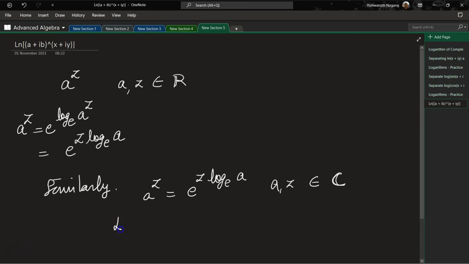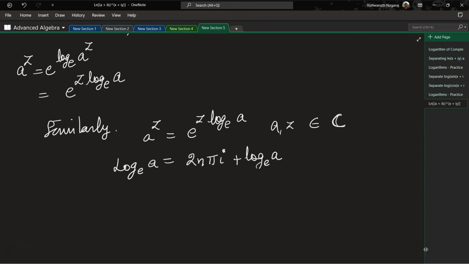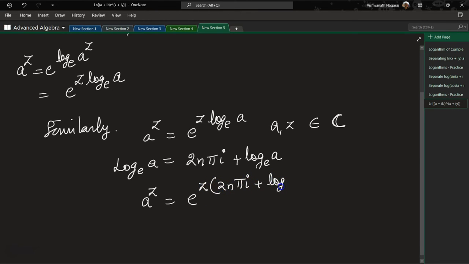Now, in general, log e of a is equal to 2n pi i plus log e of a, right? This we know. Similarly, a to the power of z is equal to e to the power of z times (2n pi i plus log e a). This would be the general form, which means a to the power of z is a many valued function.